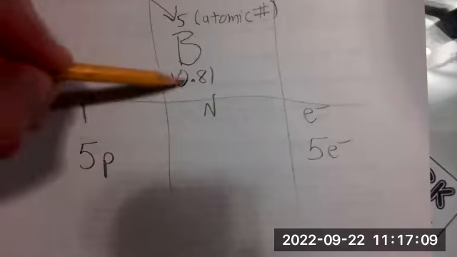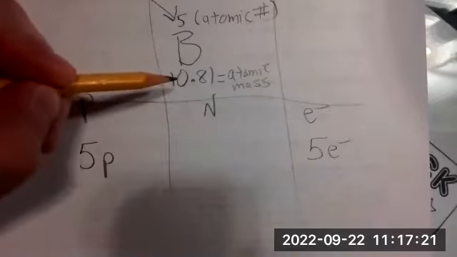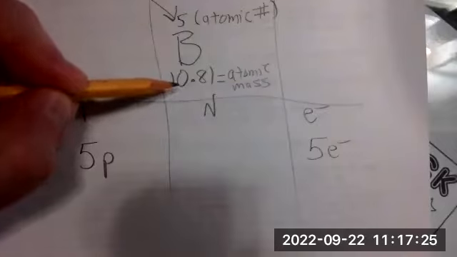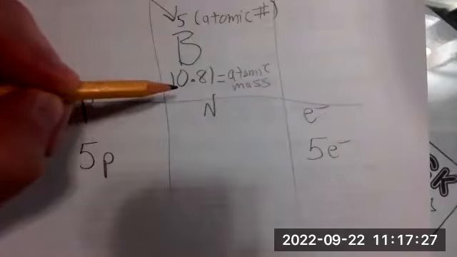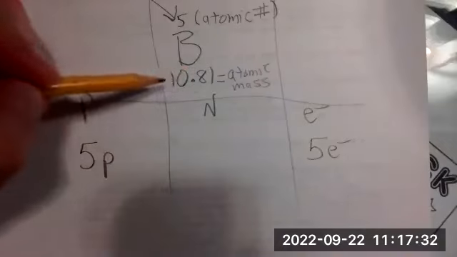Well, that comes from this number right here. This number is the atomic mass. And here's the trick. When we round the atomic mass to the nearest whole number, it becomes the mass number. So let me say that again.